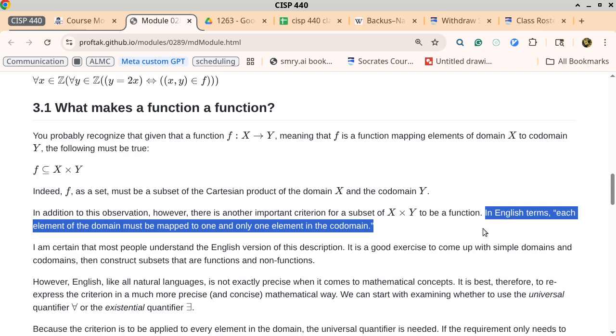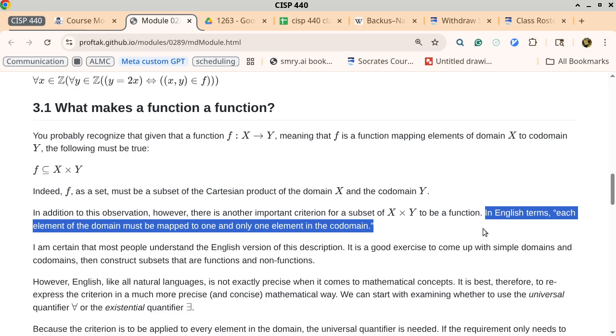One is the first item in a two tuple, and then something is the second item. Whatever that second item is in a two tuple is what is mapped to. So now the question is, what is one mapped to? One is mapped to B, but one is also mapped to A. In other words, one is mapped to two different things in the codomain, which means this requirement is not met.